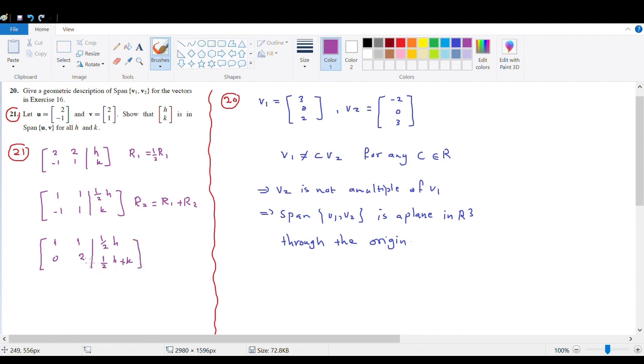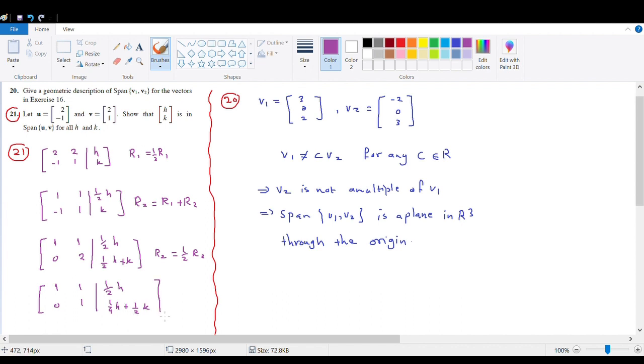Now to make this one to be 1, we can write row 2 equals half row 2. This will give us here 1, 1, half h, then 0, 1, 1 over 4 h plus 1 over 2 k.